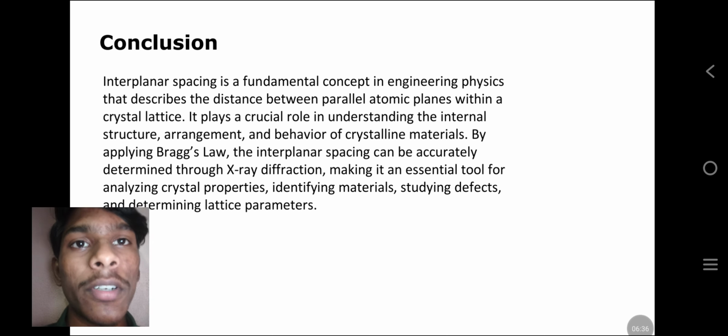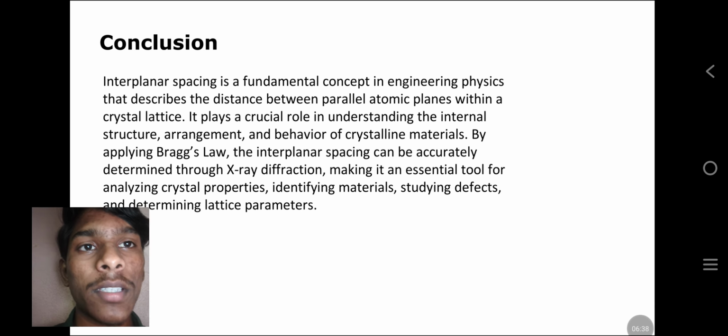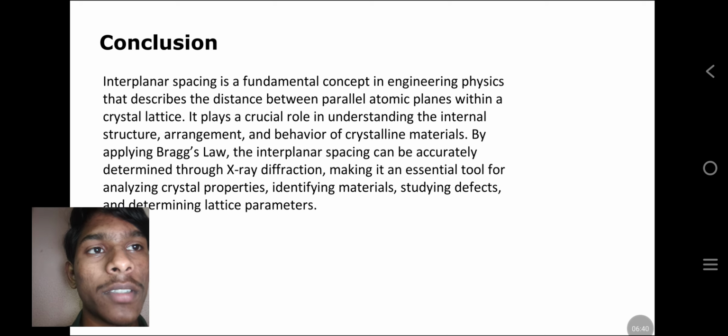And the final one is conclusion. Interplanar spacing is a fundamental concept in engineering physics that describes the distance between parallel atomic planes within a crystal lattice. It plays a crucial role in understanding the internal structure, arrangement, and behavior of crystalline materials.